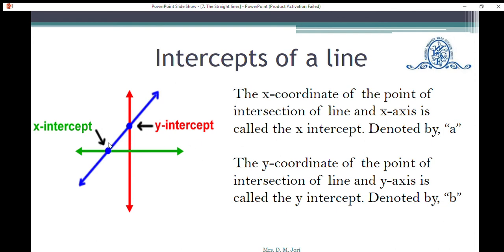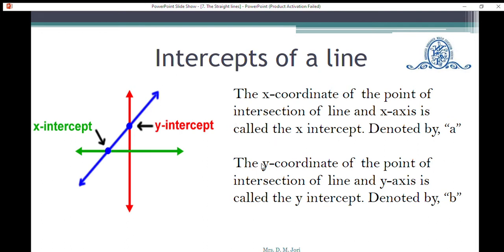See this, observe that figure. This is our straight line and this is the point of intersection of line with x-axis. So for this point, its x-coordinate will be our x-intercept. That x-intercept is denoted by small a, and the another is y-intercept.